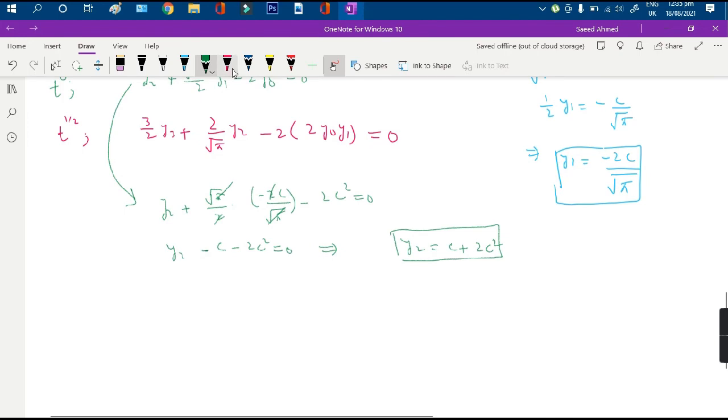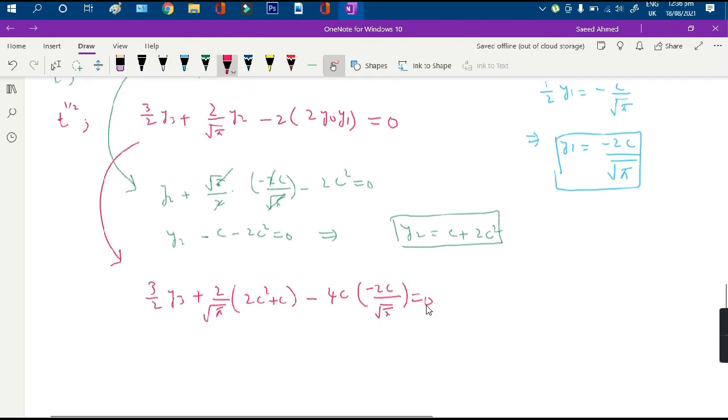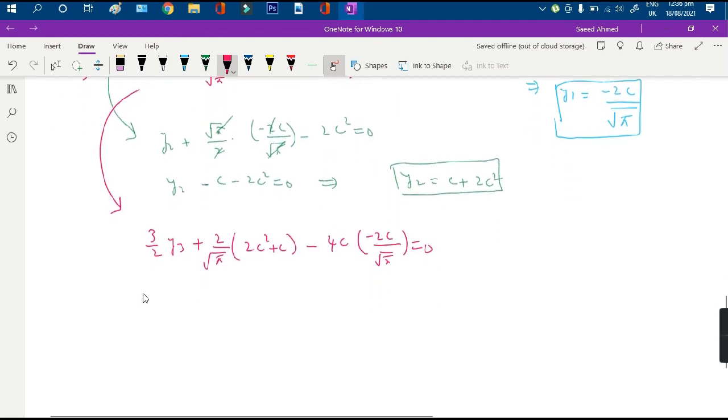Moving on, for the third equation I have 3 by 2 y3 plus 2 over square root of pi into y2, which has 2c square plus c, and minus 4 into y naught, which is c, into y1, which has minus 2c over square root of pi, is equal to 0. This becomes 3 over 2 y3, and I'm shifting everything to the right hand side.